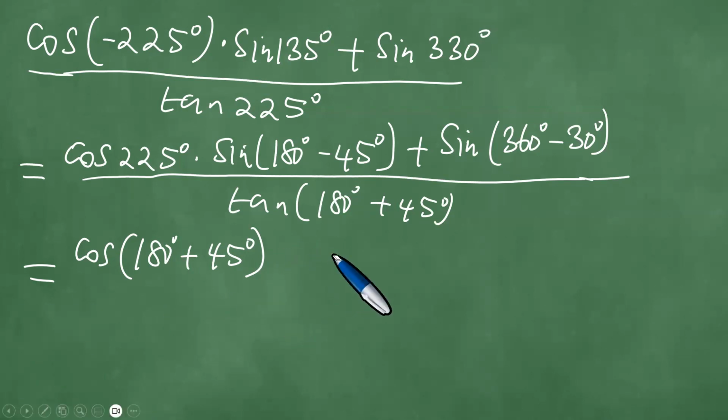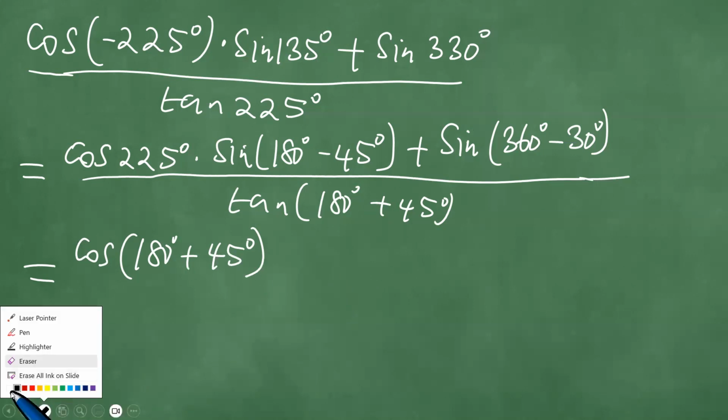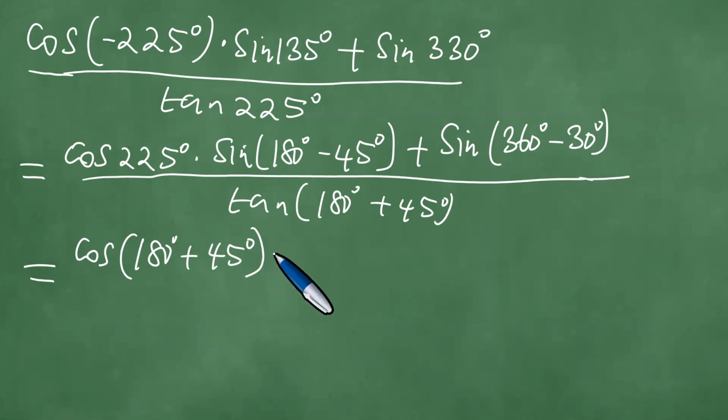Okay, at this point, the sine of 180 minus theta is in the second quadrant. In the second quadrant, the sine is positive, and therefore this becomes just the sine of 45 degrees.